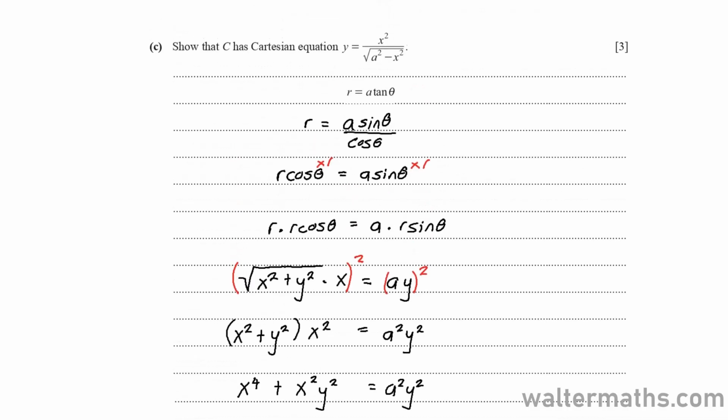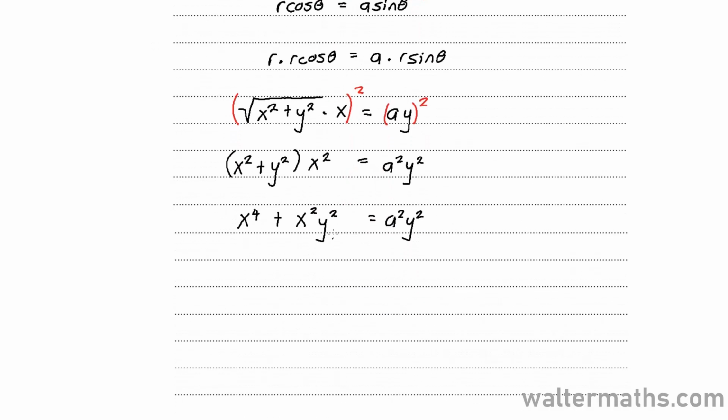Now what we are seeking to do is to make y subject. So in order for us to do that, I'll have the terms in y² on one side of this equation. So we'll be having a²y² − x²y² = x⁴.